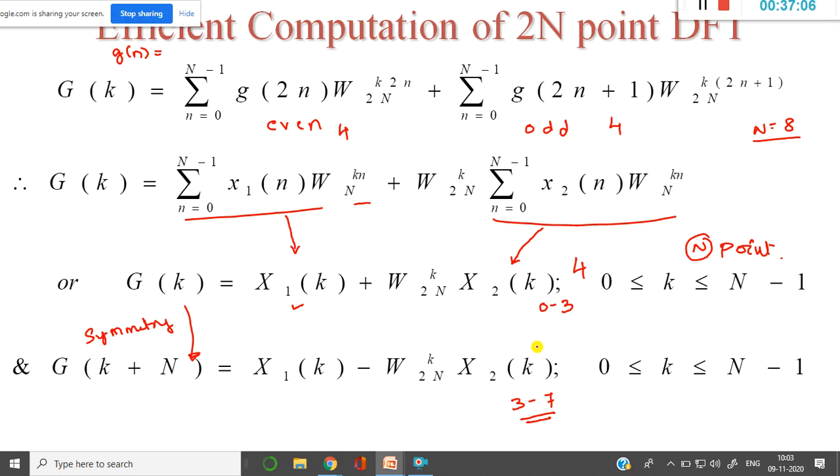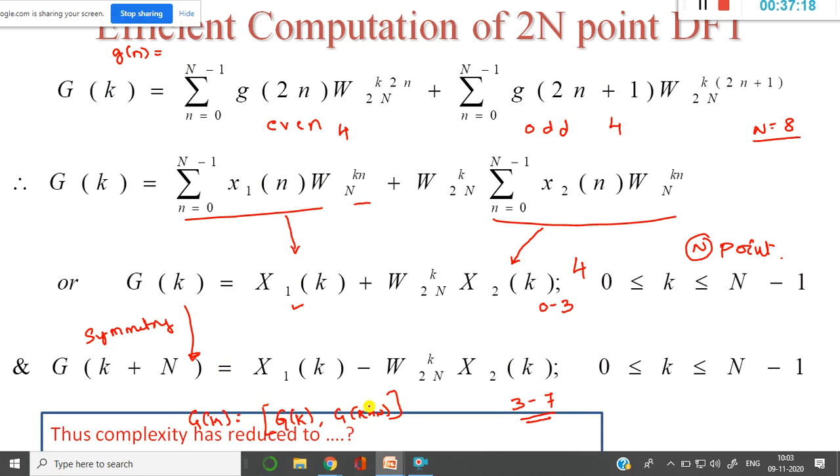Is that clear to all of you? Now what is the final g of k? Final g of k is nothing but the concatenation of g of k and g of k plus n. That's it. So now this is how the complexity of the problem is going to be reduced.